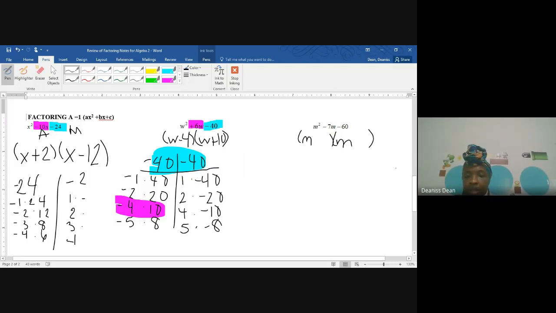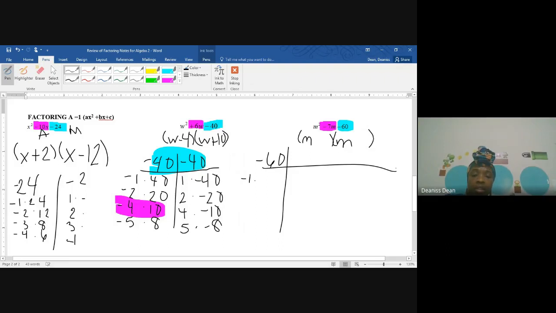Then I do my multiples of negative 60 that are going to add together and give me negative 7. So I write down all our numbers for negative 60.